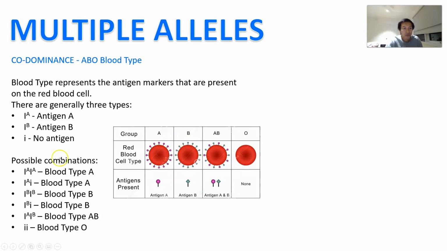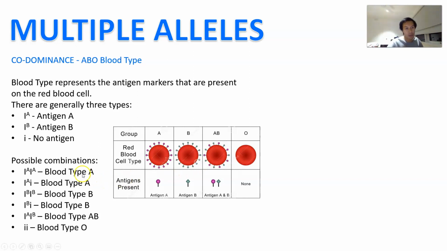If you have a lowercase i, you have no antigen markers, and so your body has none. Now, because there are 3 allele combinations there, there are a total of 6 different combinations that you can get.